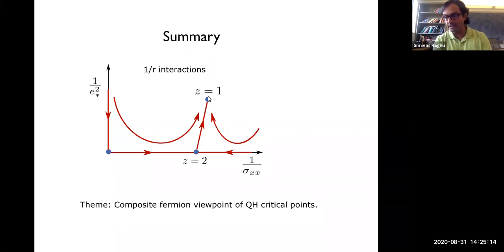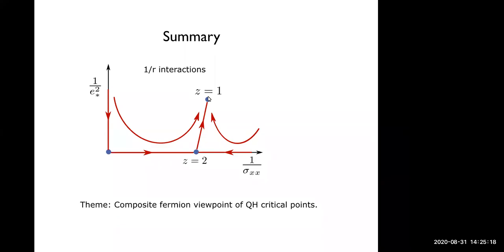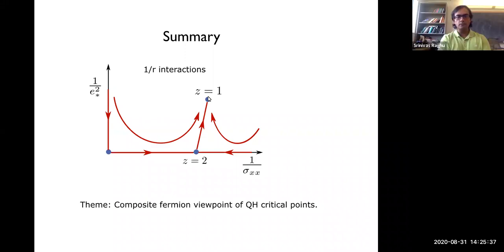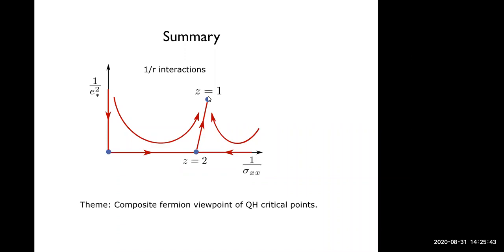If you want to compare to experiments, that is absolutely correct. I see. And one of the significant points you're making is that the dynamical critical exponent is different from what you would calculate in a model of Landau levels with disorder. Correct. As compared with experiments. Correct. I see. Thank you. Sure.